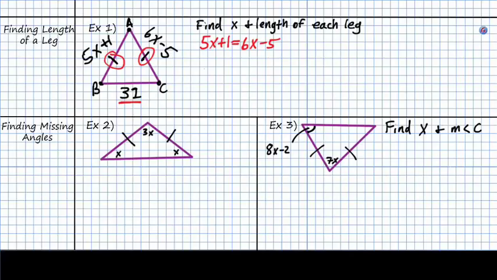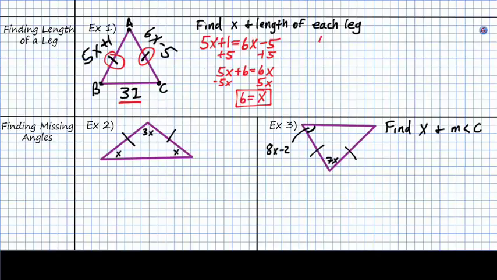Alright, so let's go ahead and start solving. I'm going to add 5 to both sides, and then I have 5x plus 6 is equal to 6x, and then I can subtract 5x from both sides, and you get 6 is equal to x. So we've solved for x, and we're not quite done yet. I need to find the measure of each leg. Really, I only need to find one of these legs because they're congruent.